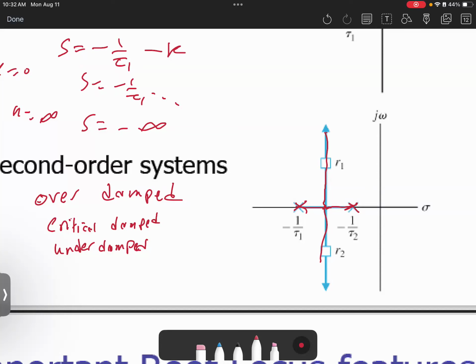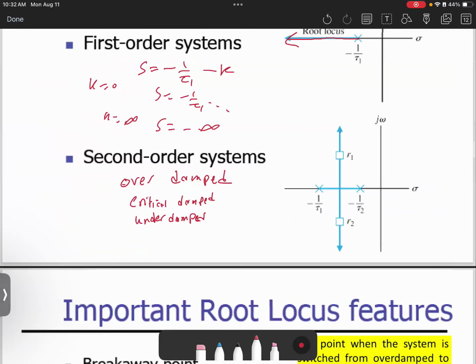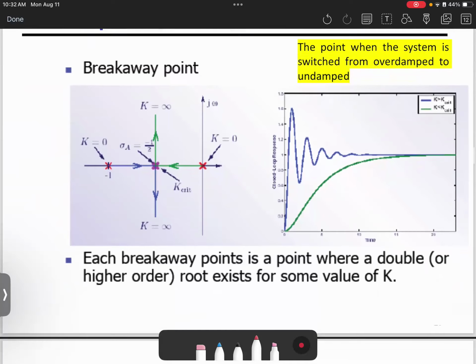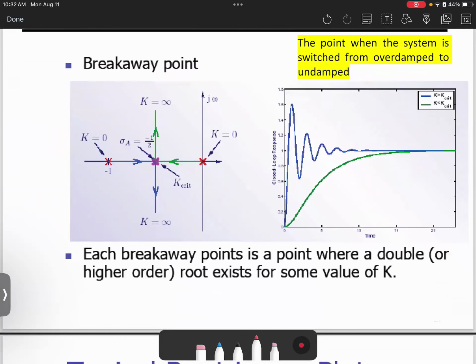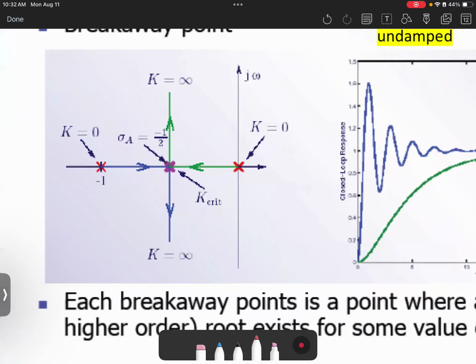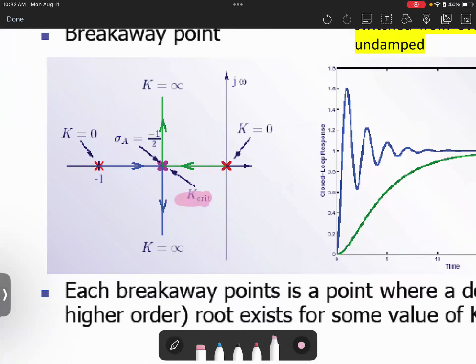So keep this in mind, that changing the pole location can vary the behavior. When we look at this system, at that instance, we call it K critical.